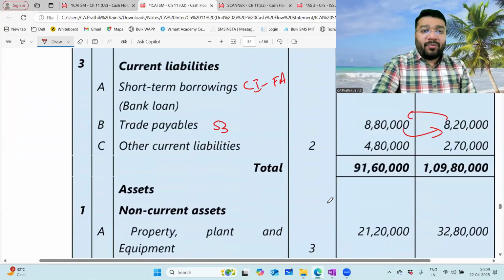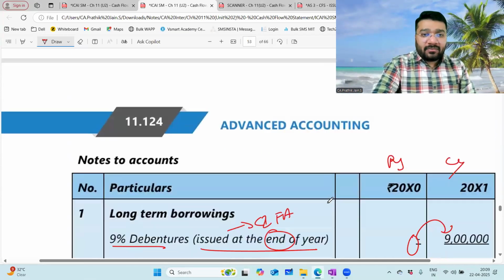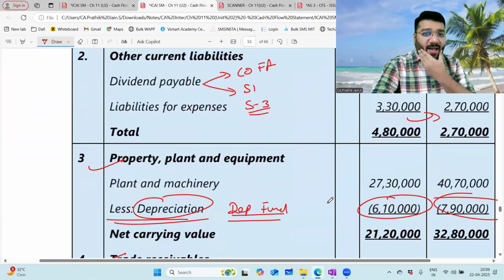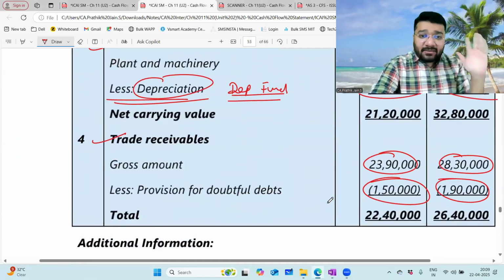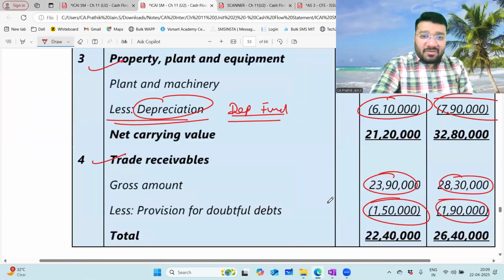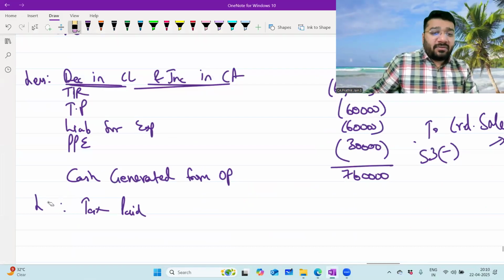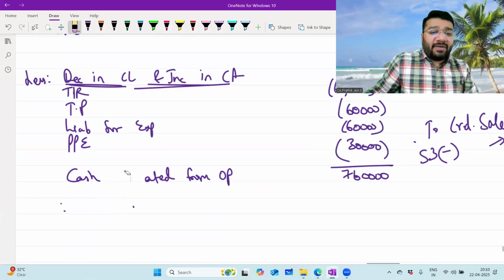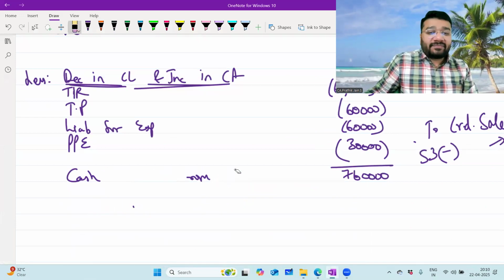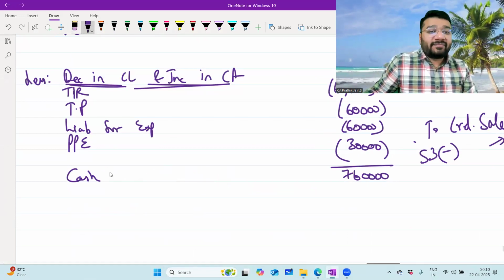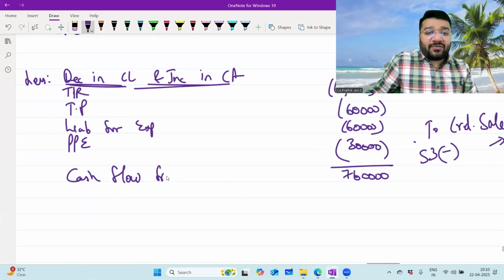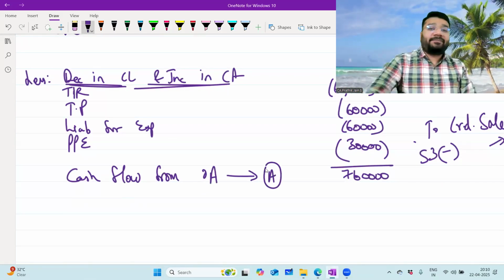Nothing is there. Is provision for tax there or not? No tax. So this becomes my cash flow from operating activity. Cash flow from operating activity, A.